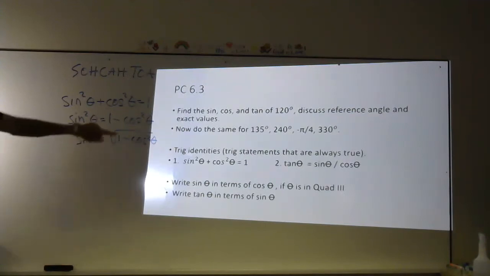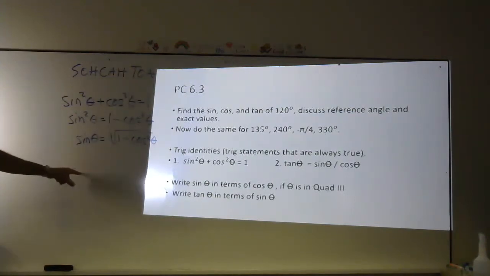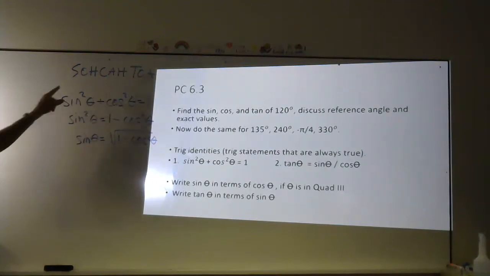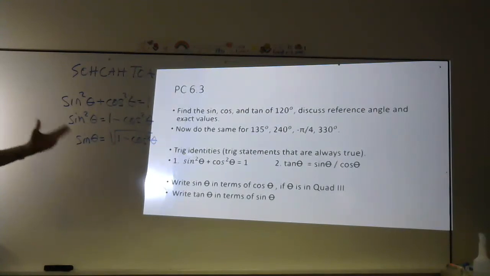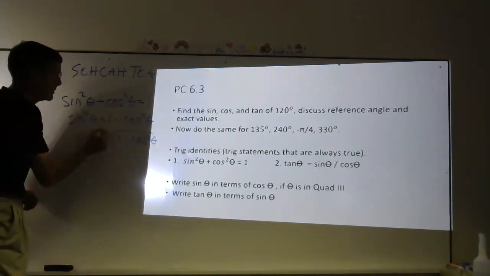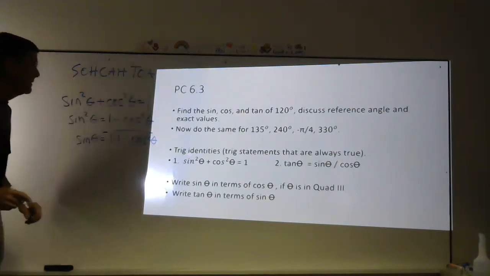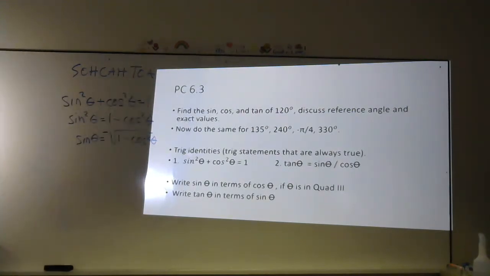If theta comes the whole way around to quadrant 3, what is sine in quadrant 3? All students take: sine is negative, okay? So if sine is negative, I don't want the positive square root. I want the negative square root. Watch out for that.